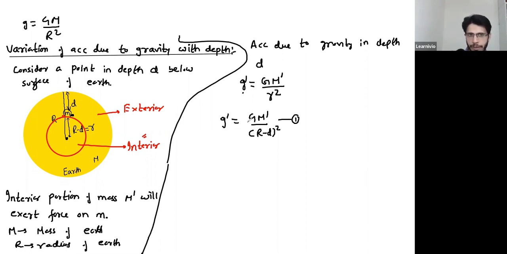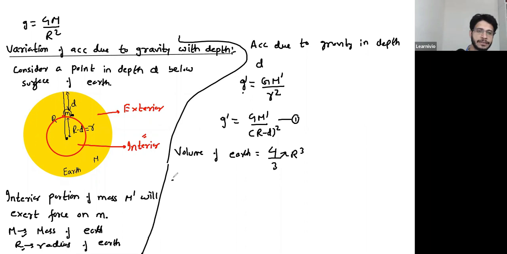So in the same way, we will calculate this mass M prime. The mass of the complete Earth is capital M. The radius of the whole Earth is capital R. So the volume of Earth is, Earth is a sphere, so its volume is 4 by 3 pi R cube.